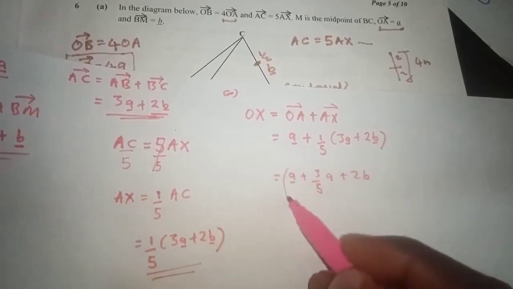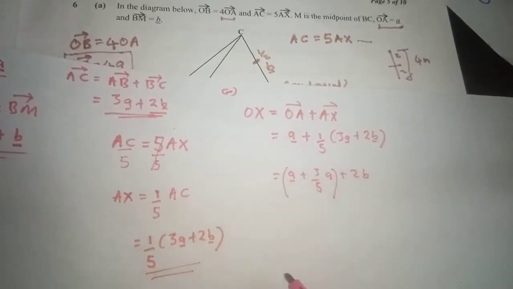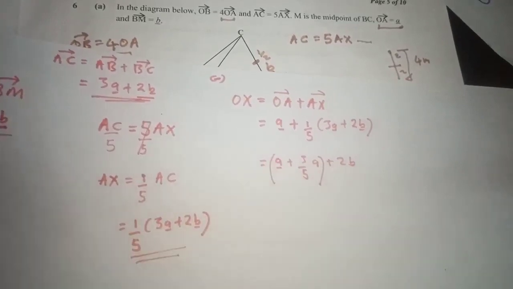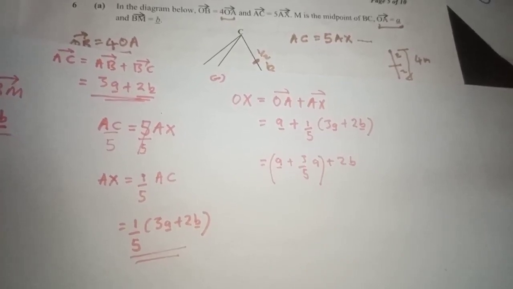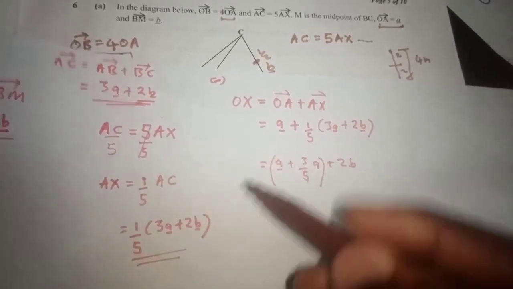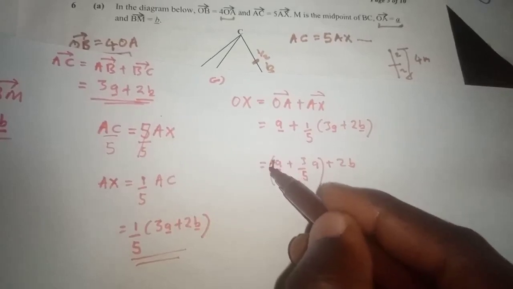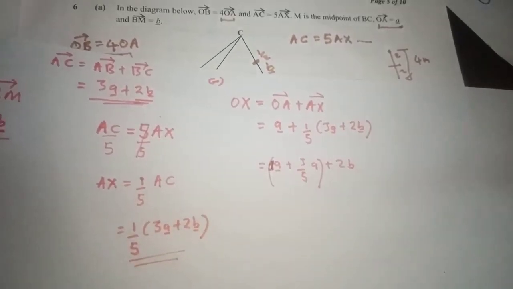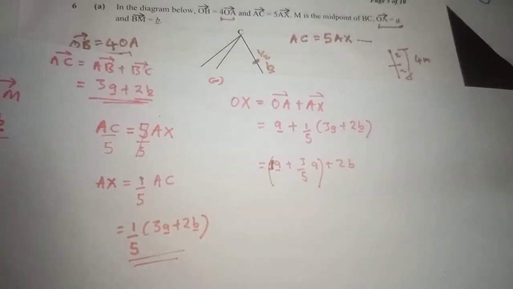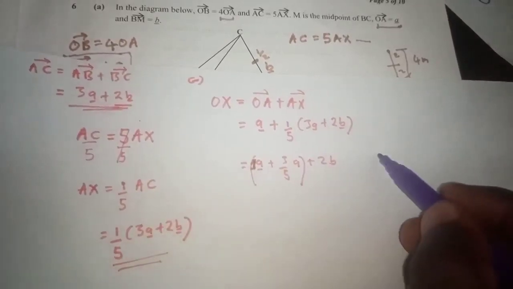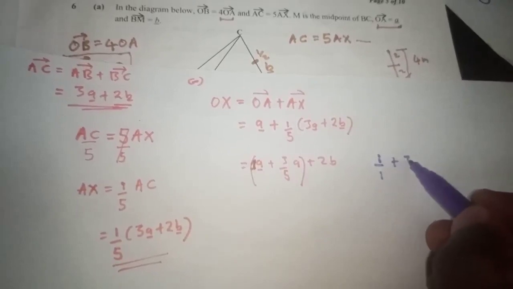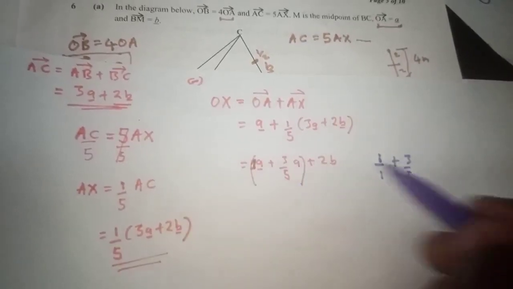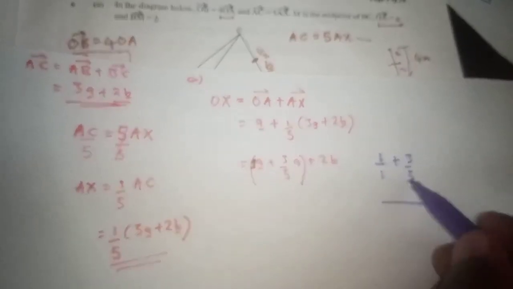So we can solve this part as a fraction. Remember, according to the rules of mathematics, if a variable has no coefficient, it means there is a 1 there. So we get 1 over 1 plus 3 over 5. Let's solve this fraction.